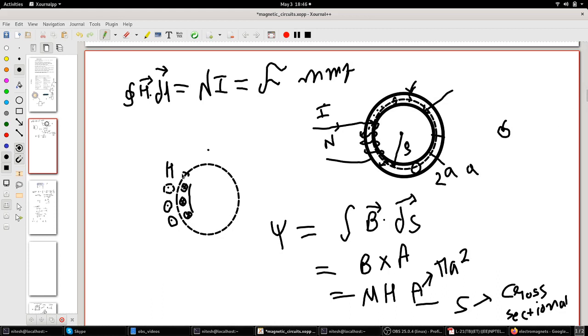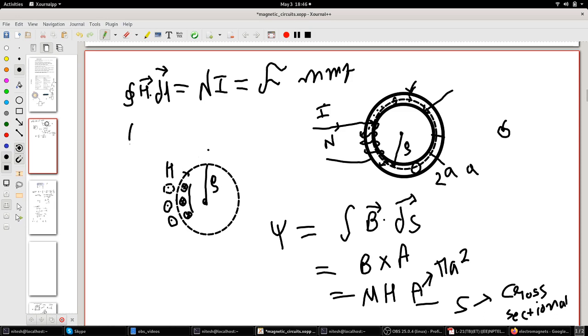The length of that particular closed path, starting from here, where the center distance is rho, will be 2 pi into rho.